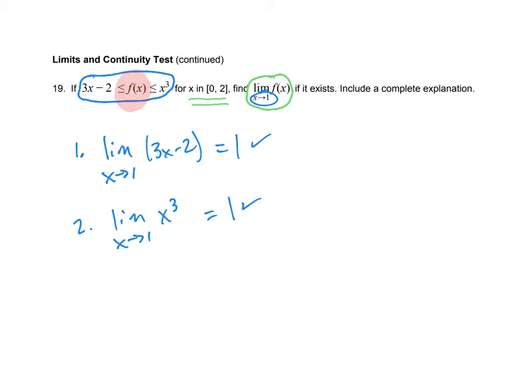Okay, so now we want to write out a sentence, a complete explanation, stating why we've achieved the limit. All right.